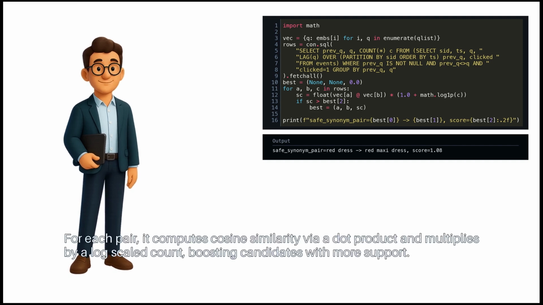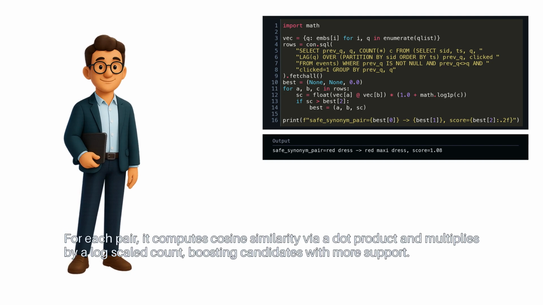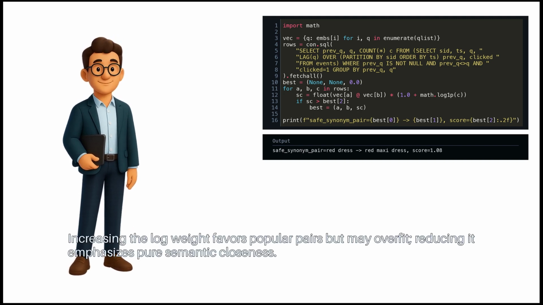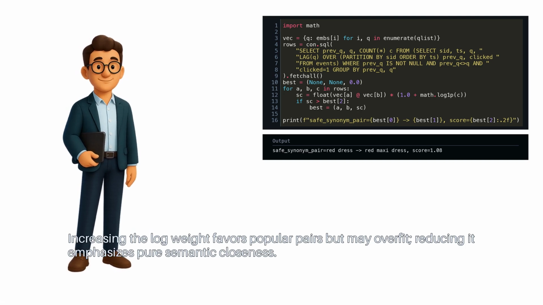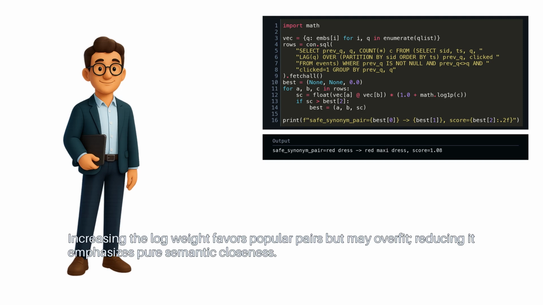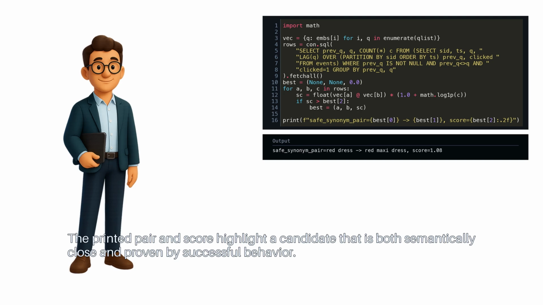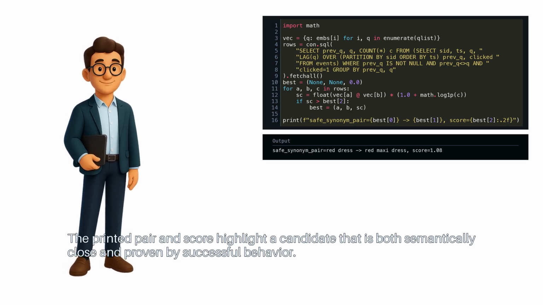For each pair, it computes cosine similarity via a dot product and multiplies by a log-scaled count, boosting candidates with more support. Increasing the log weight favors popular pairs, but may overfit. Reducing it emphasizes pure semantic closeness. The printed pair and score highlight a candidate that is both semantically close and proven by successful behavior.